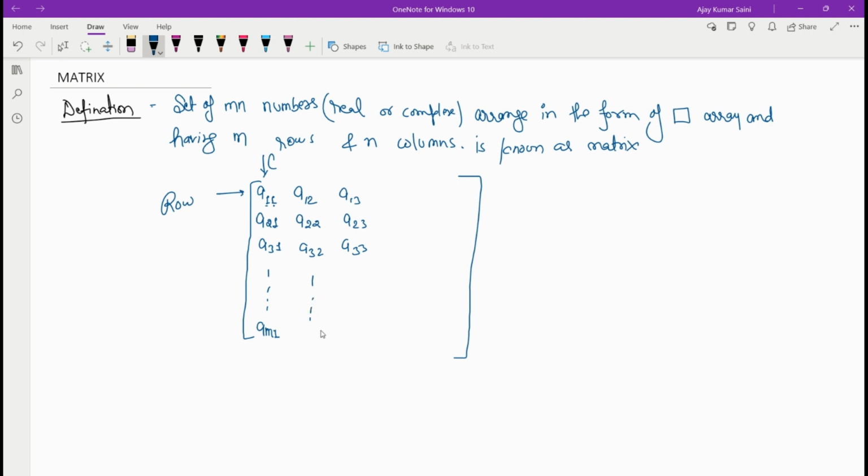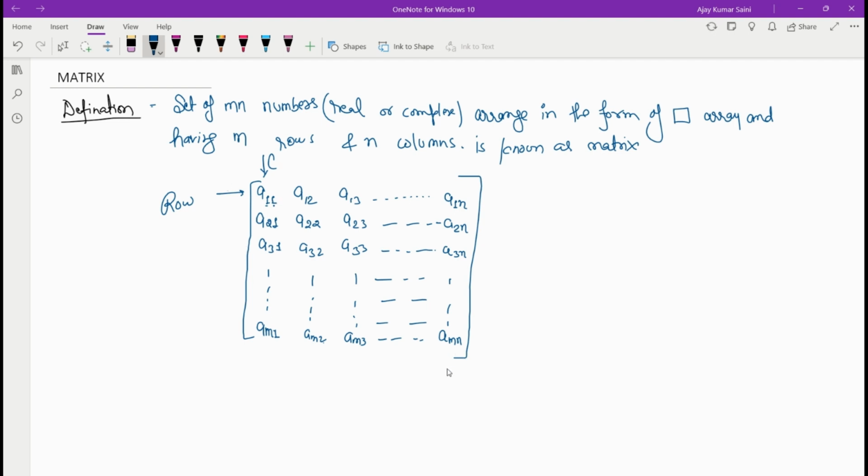Same thing: a m1, a m2, a m3, m rows and different columns, till a1n, first row and n column, same thing second row and n column, third row and n column, till the last term a mn, m row and n column.